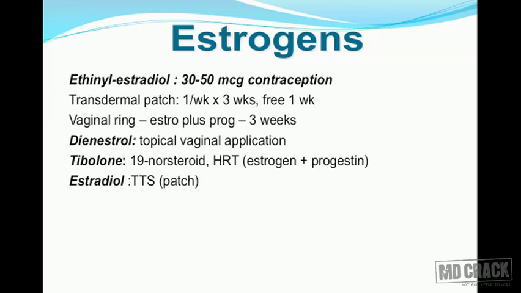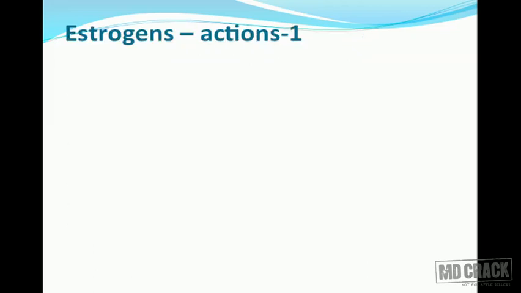Estradiol is available as transdermal therapeutic system, TTS, in the form of a patch. Estradiol is also available by intramuscular injection, and this can be used in carcinoma prostate. And finally, there is an estrogen called mestranol.